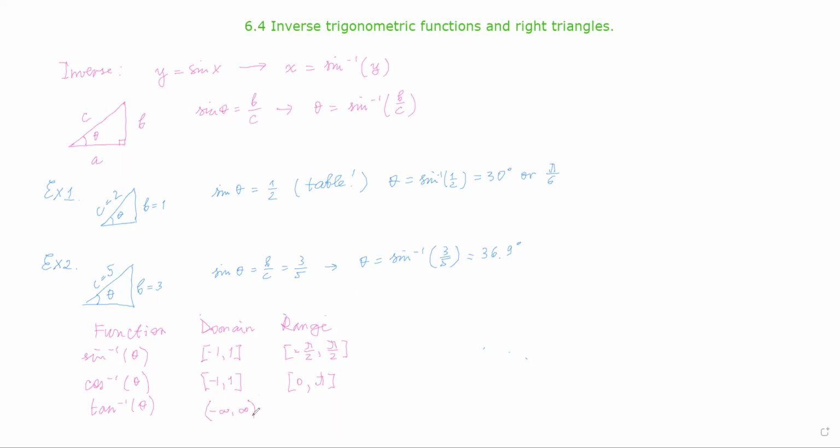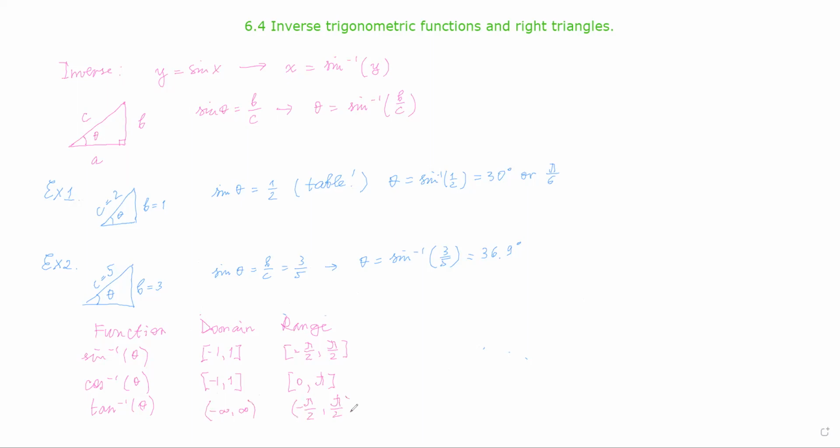So what is going to be the range? What are the angles which you can plug into tangent and still be 1 to 1? Remember, tangent is a function that repeats many times, right? So generally, tangent is not 1 to 1, but if you consider just one branch of this function from negative pi over 2 to pi over 2, it's 1 to 1. So I'm going to put it as negative pi over 2 to pi over 2.